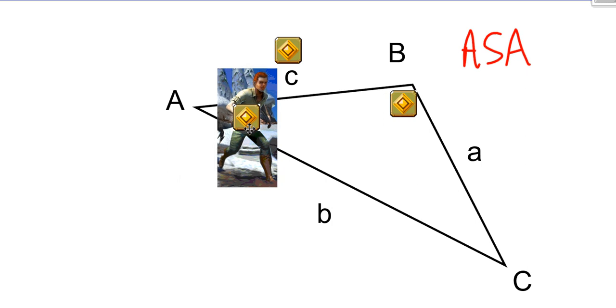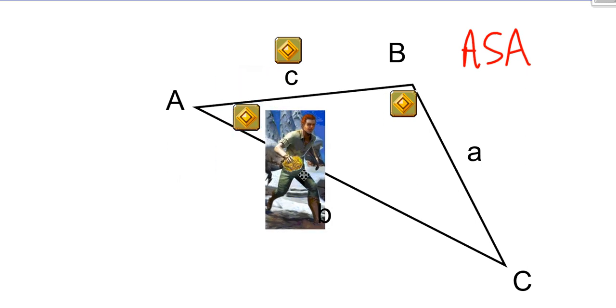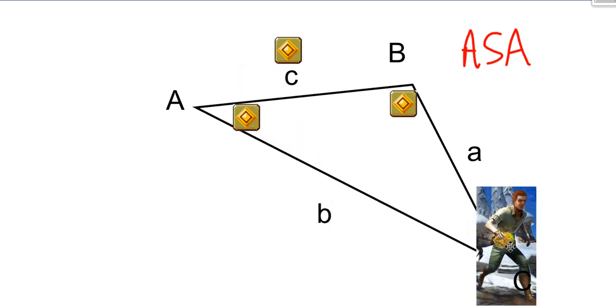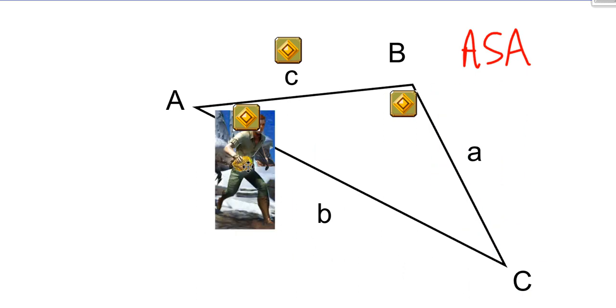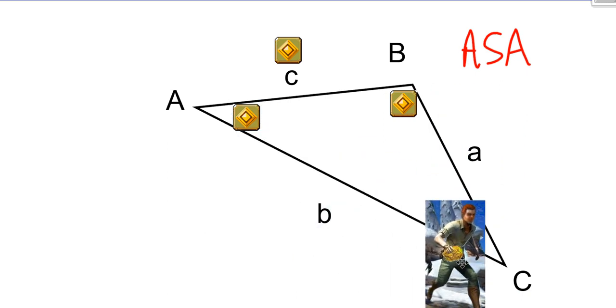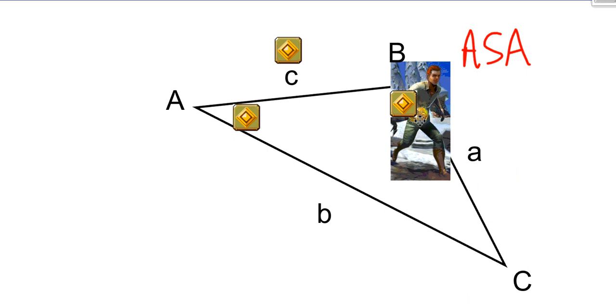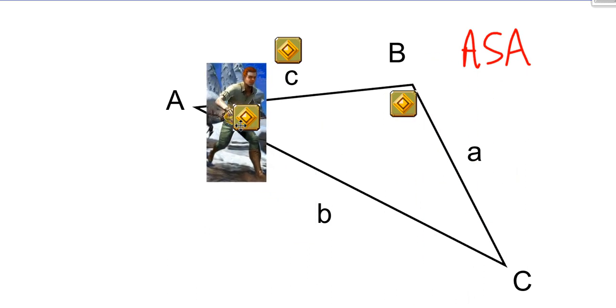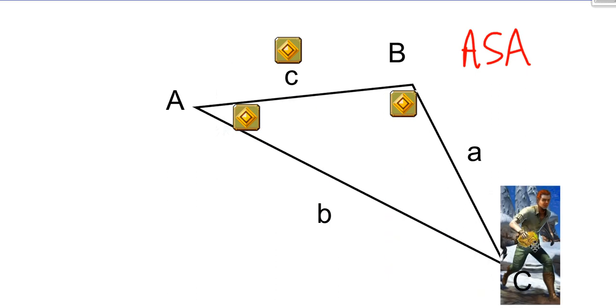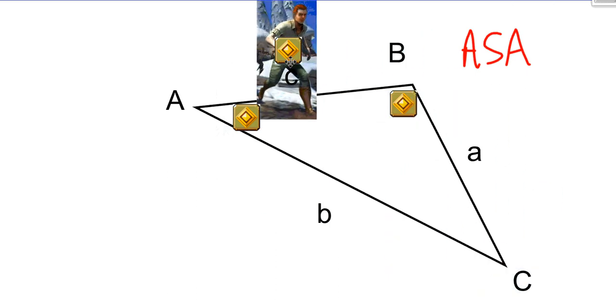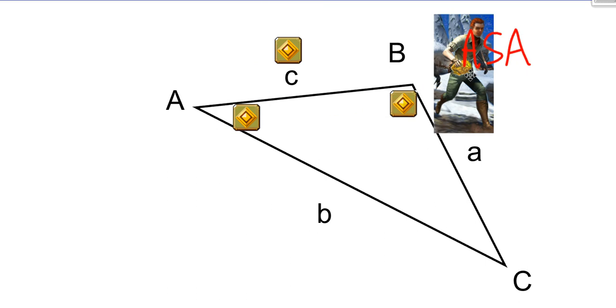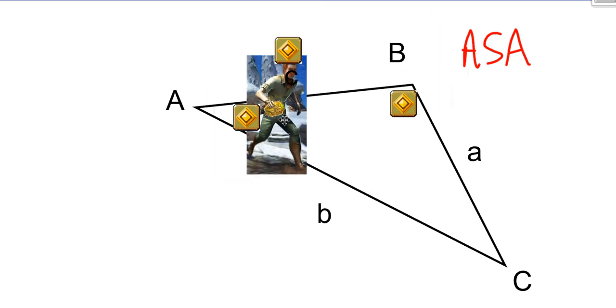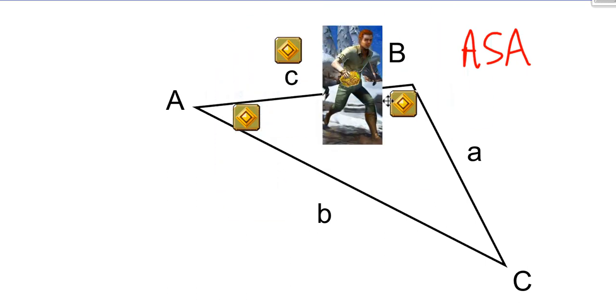If I started here at an angle and then run, I don't want to go that way because I'm going too long without picking up one of my coins. Sometimes people that don't quite understand will say, well, here's an angle, and then here's an angle and a side. They'll get the wrong case. So keep in mind you're trying to grab these things as quickly as possible.